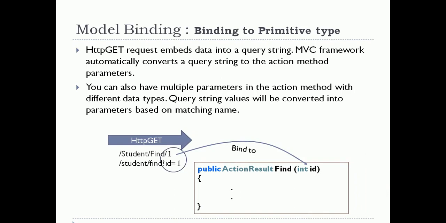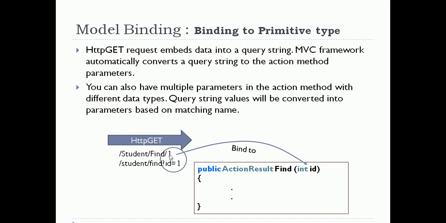Now look at this. Here my query string name is ID, and here my parameter name is also ID. So it automatically gets bound here. This one value gets stored in ID, or is passed to this parameter.